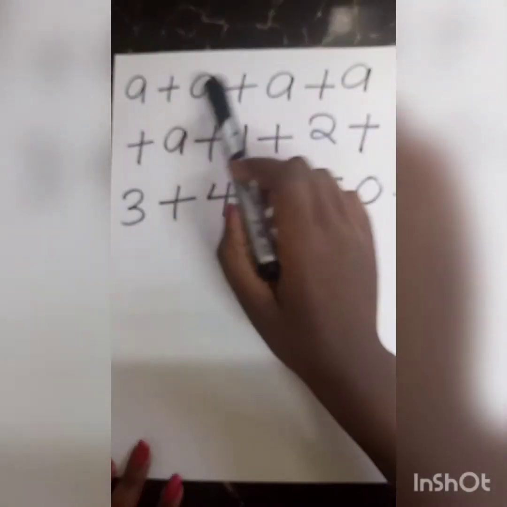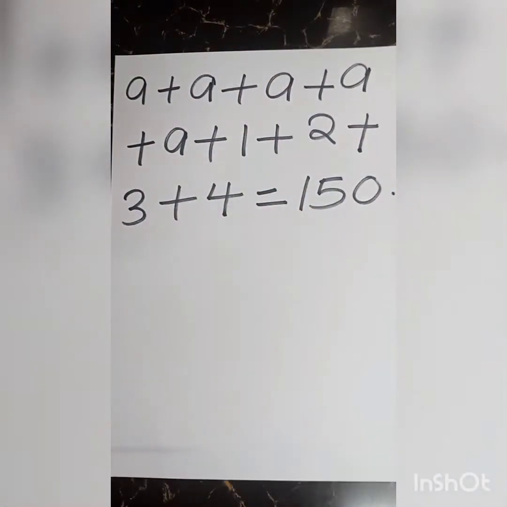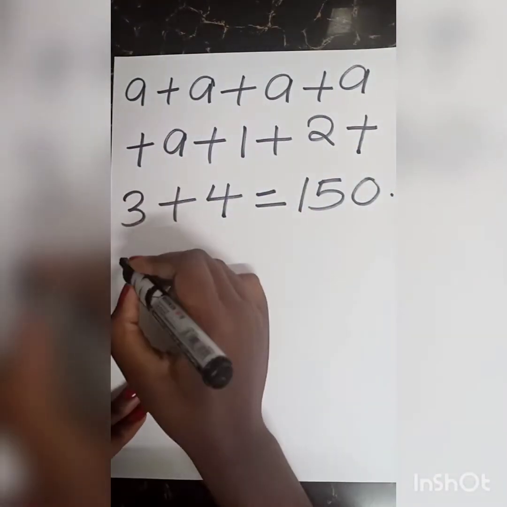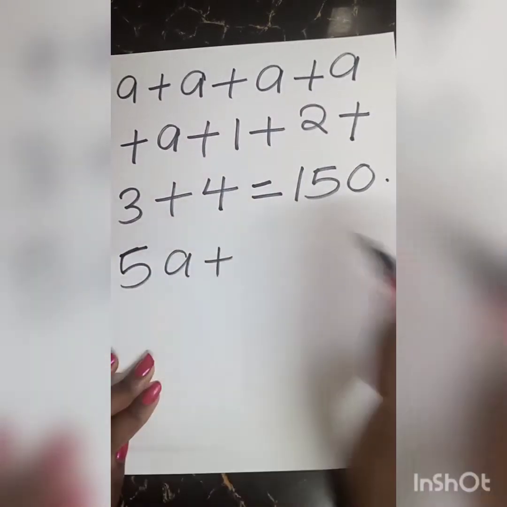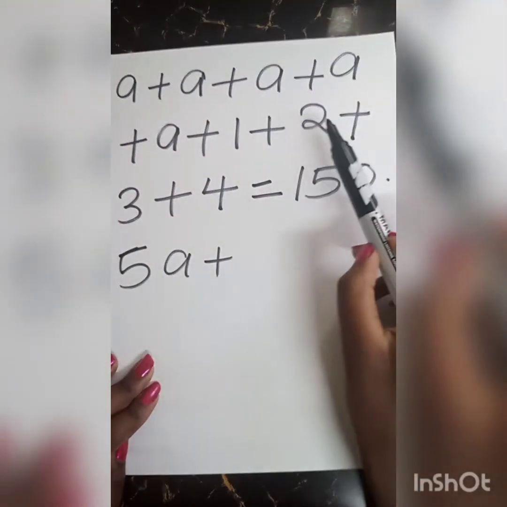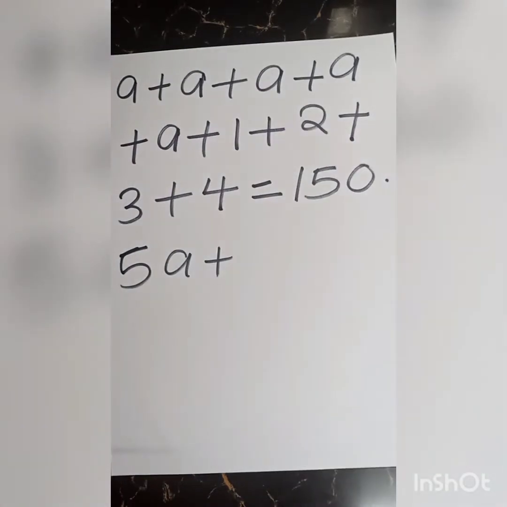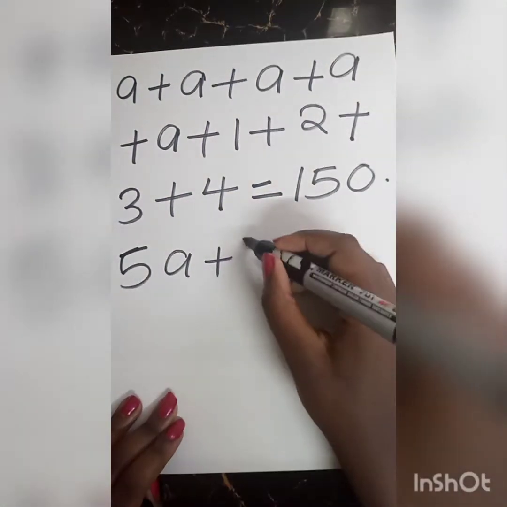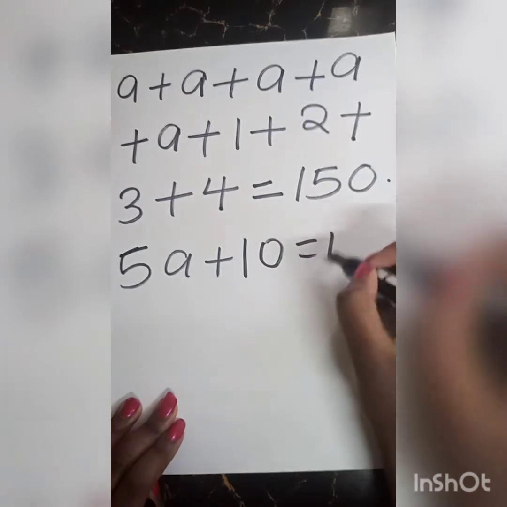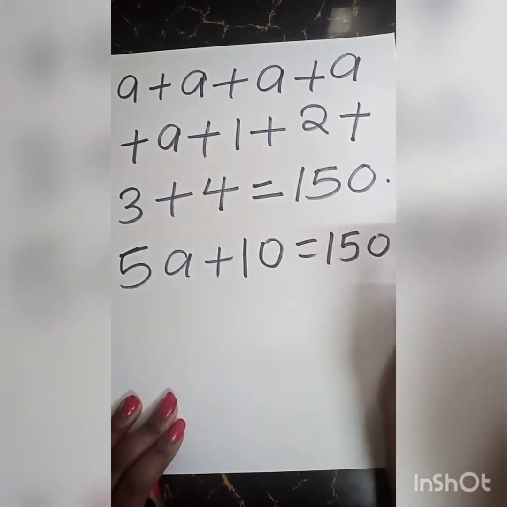A, 1, 2, 3, 4, 5, okay? So we have 5 A's. 5A plus, what is 1 plus 2 plus 3 plus 4? 1 plus 2 plus 3 plus 4 is 10, okay? 1 plus 2 is 3, 3 plus 3 is 6, 6 plus 4 is 10. Is equals to 150.